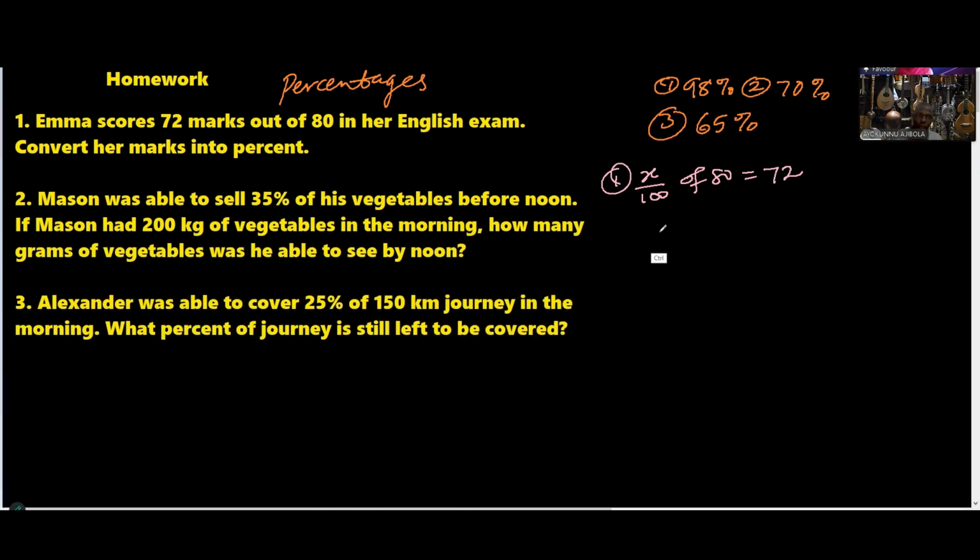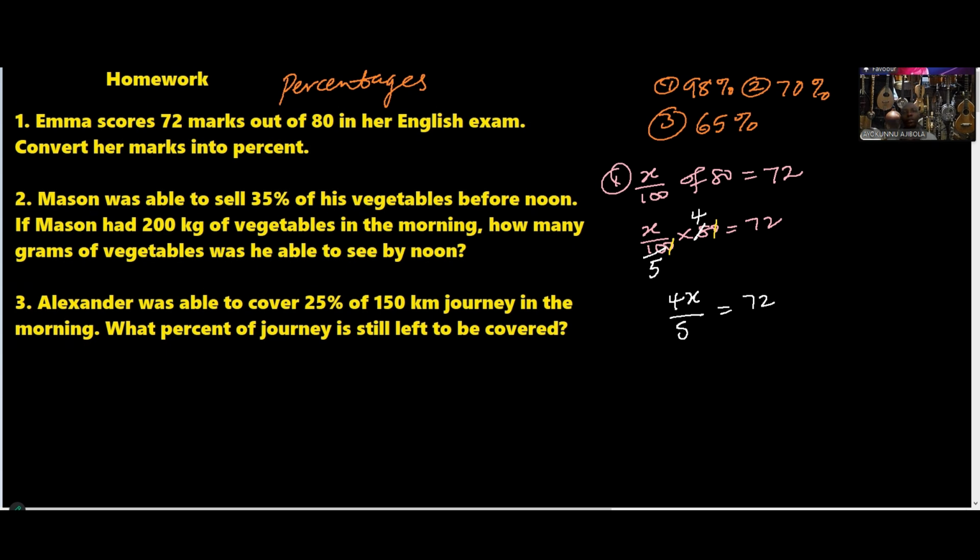This means x over 100 times 80 is 72. Here we can cut out the two zeros at the top and bottom, and reduce 8 and 10: 10 divided by 2 gives 5, 8 divided by 2 gives 4. So we have 4x over 5 equal to 72.